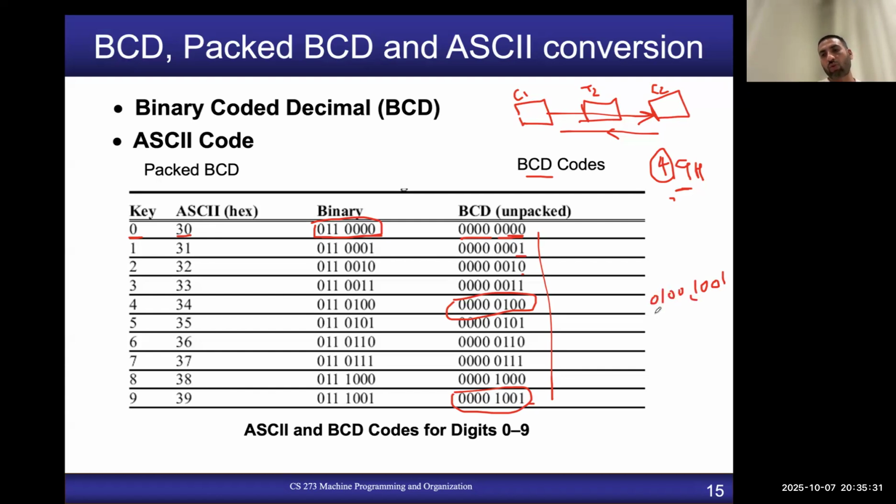So now I'm using only 1 byte to represent 2 digits in BCD coding. This will save memory space, right? Any questions here?